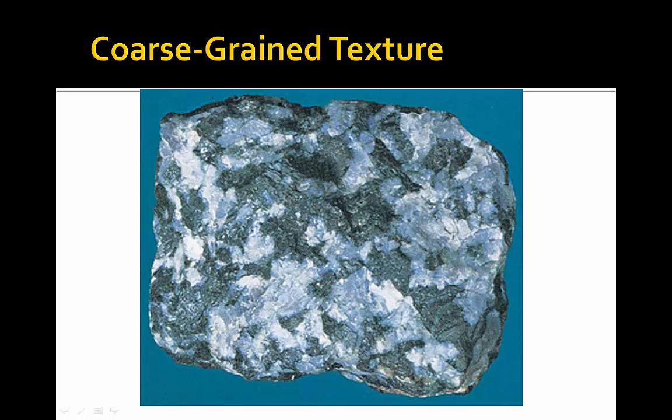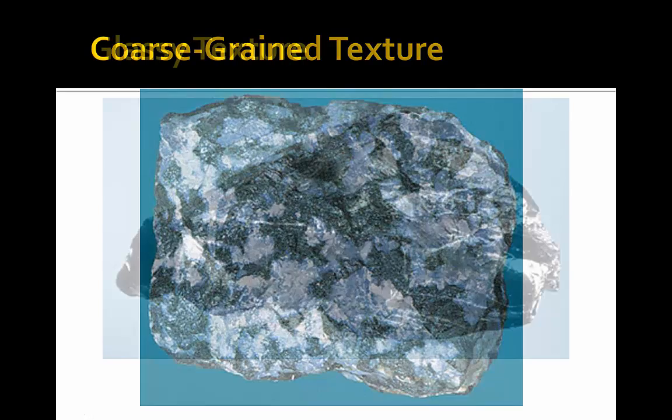Now, these are general categories, but keep in mind that nature doesn't occur in perfect little bins. So even though we have two categories here, the reality is you can have a rock that has crystals just barely big enough to be seen. At the other extreme, you might have a coarse grain texture where the crystals are the size of a house.